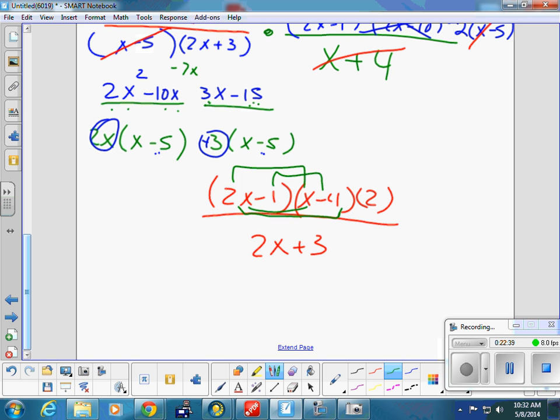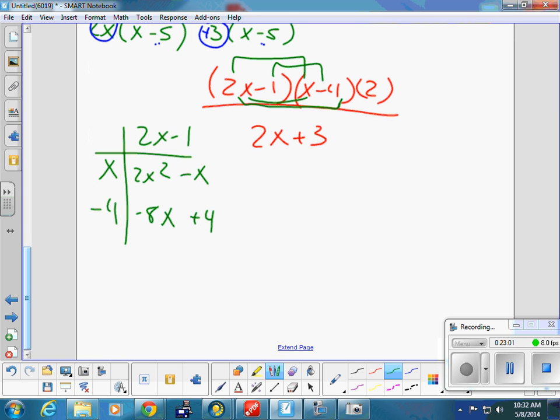I'm going to have to FOIL it out or box method out and then multiply that answer by 2. Let me do that really quick. So if I do box method, 2x minus 1, x minus 4. So we got 2x squared, negative 8x, negative x, positive 4. So that's going to be 2x squared.